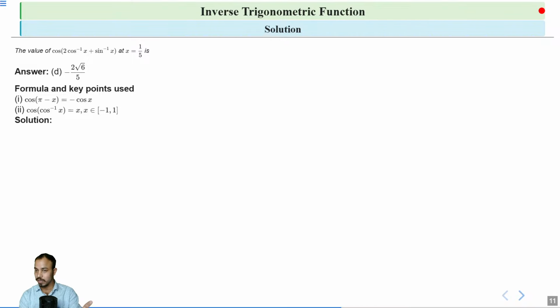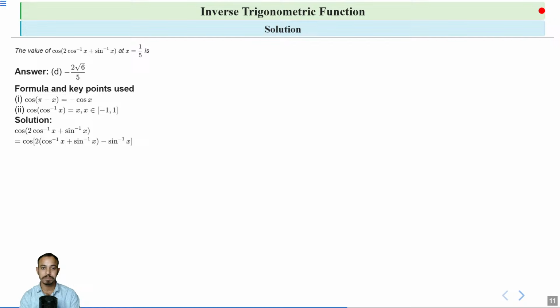Now let's solve this question step by step. So we have the expression cos of 2 cos inverse x plus sine inverse x. You can write this as cos of 2 times cos inverse x plus sine inverse x minus sine inverse x. Here we can write 2 cos inverse x plus sine inverse x as 2 cos inverse x plus 2 sine inverse x minus sine inverse x.